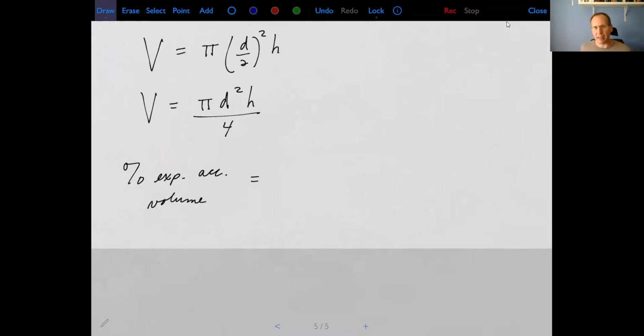Well, we already have the percent experimental accuracy for the diameter and the percent experimental accuracy for the height, right? And if you notice this equation, the volume is proportional to really diameter squared times height, which we could write as diameter times diameter times height.